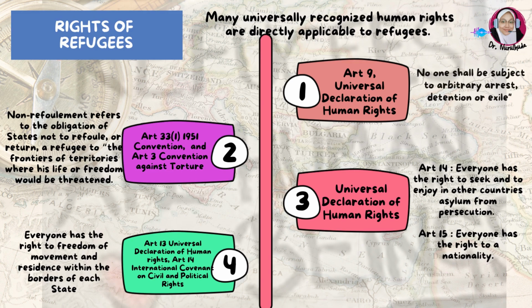Besides the Refugee Convention, there are other international instruments applicable to refugees, such as Article 9 of the UDHR with regards to arbitrary arrest, detention, and exile, and the Convention against Torture, on non-refoulement. Fourthly, the Universal Declaration of Human Rights, Article 13, with regards to the right to freedom of movement and residence within the borders of each state.